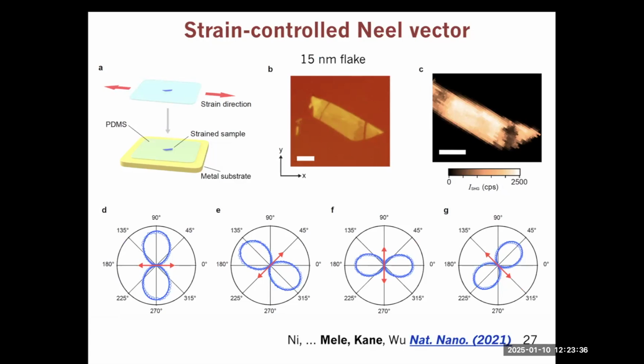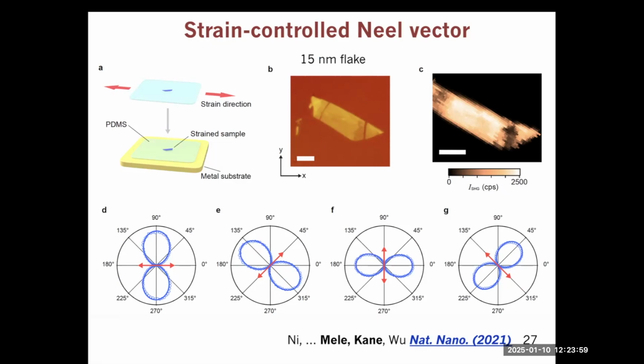So when I talked to them, I asked them whether strain can play an important role. But the first thing they asked me was, how do you know strain is important before they develop a theory? So then my student actually did a strain tuning experiment. Here the red arrow is the strain. We use some polymer to apply strain.